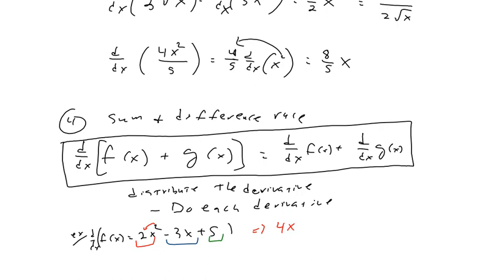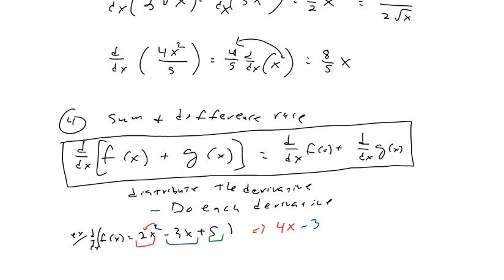Minus 3 times x, well, the derivative of this, 3x, well, the x has an exponent of 1. So I bring the 1 down in front. 1 times 3 is 3, and the x goes away. So when I have an x by itself, it basically disappears, and I just have negative 3.